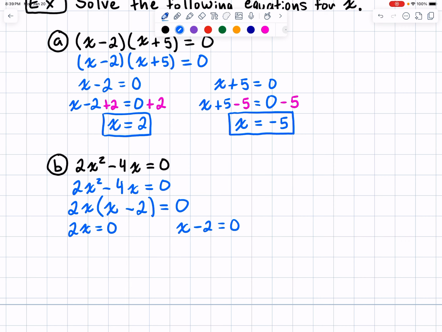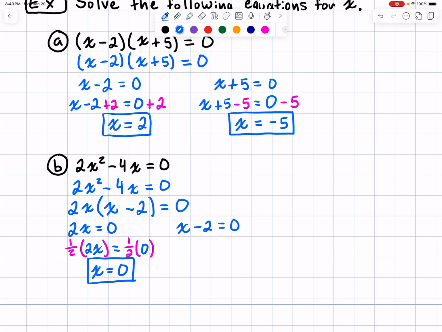On the left-hand side, we're going to multiply both sides by 1/2. So I have 1/2 times 2x, and I have 1/2 times 0. On the left-hand side of the equation, we will just get x, and on the right-hand side, we will get 0. So we get x equals 0 as one of our answers, so we will box that in.